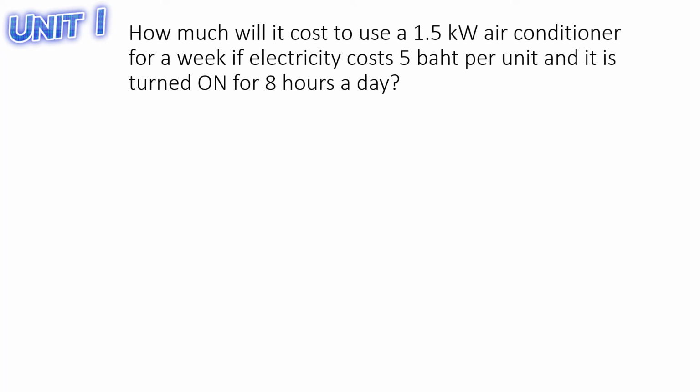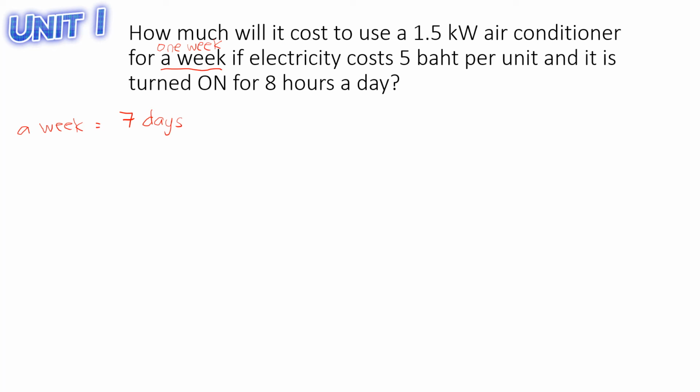Let's go now to our next problem. We are asked to compute how much it will cost to use a 1.5 kilowatt air conditioner for 1 week if electricity costs 5 baht per unit and it is turned on for 8 hours a day. Let's break down the problem. A week means 1 week, and 1 week has 7 days.